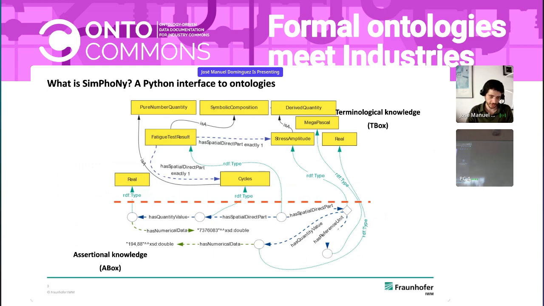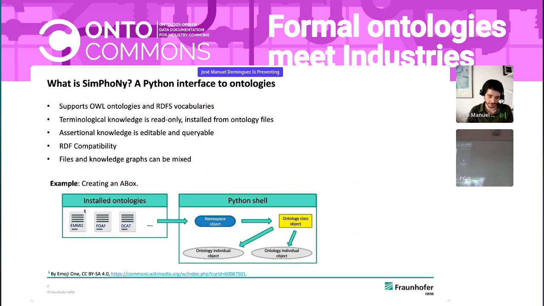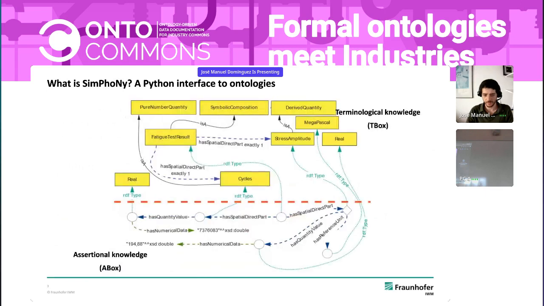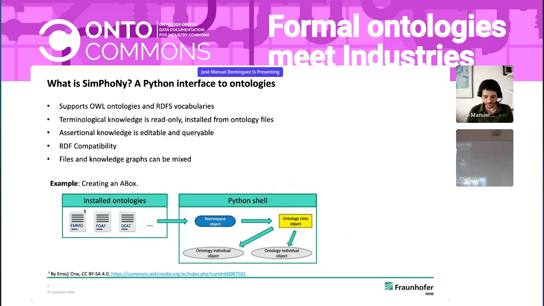This distinction is important in this case because, to clear up some confusion that people usually manifest, in Symphony the terminological knowledge, so the classes and relationships and attributes and so on, is read-only. You prepare an ontology file and then you install this to Symphony, so you make it available to it.